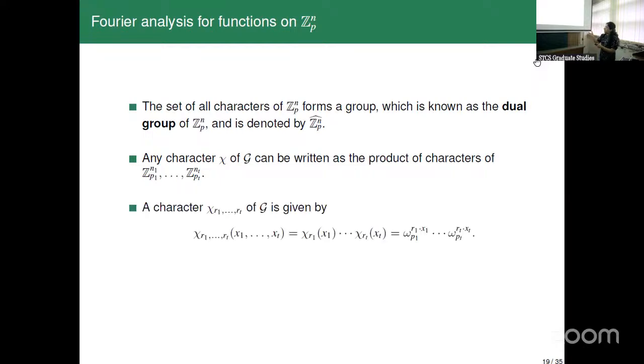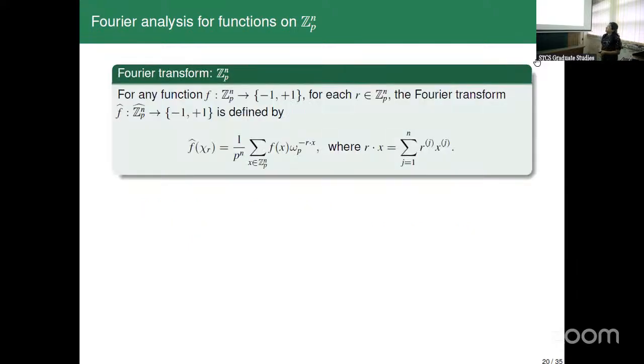So the character of G can be written like this: omega p1 to the power r1 dot x1, and so on until omega pt to the power rt dot xt.